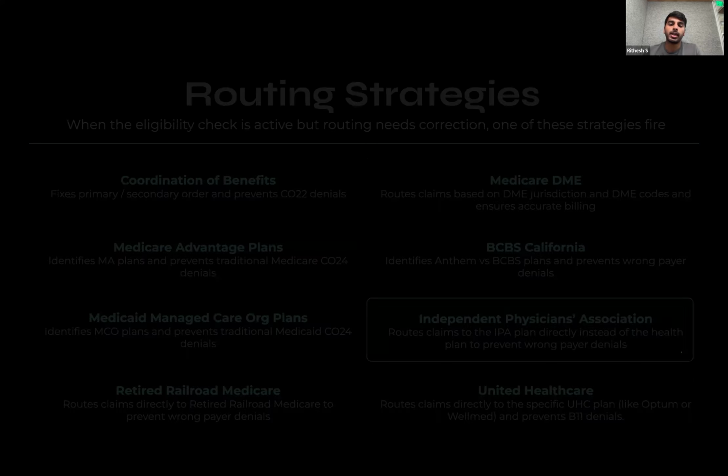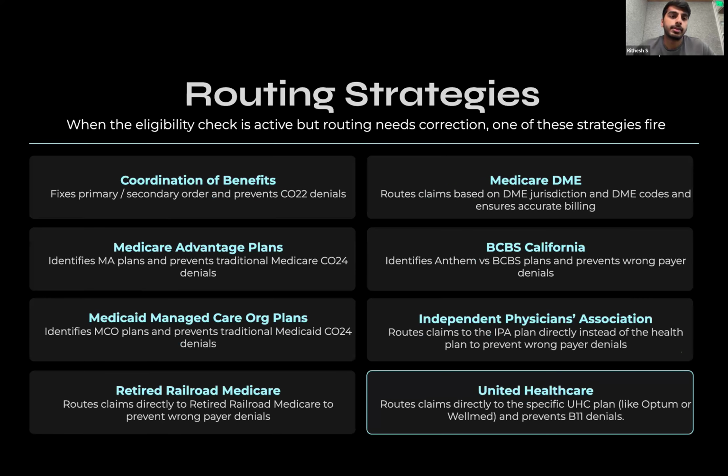A few things I want to highlight here: all of these strategies, using our prior data and using the eligibility check data, have been heavily back tested on over 100K claims, to make sure we get a very good payer mix such that all of these strategies hold. And we saw really promising results, right?